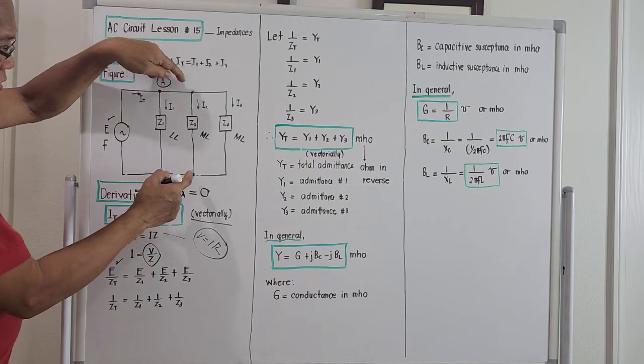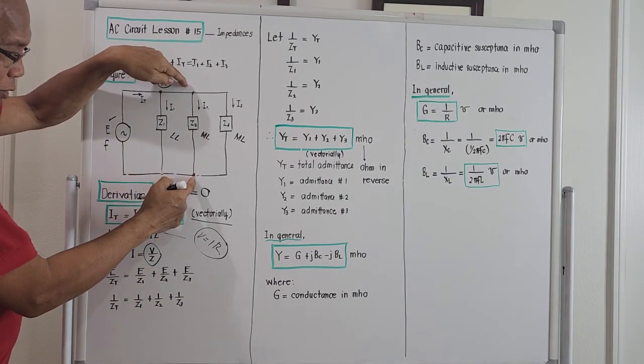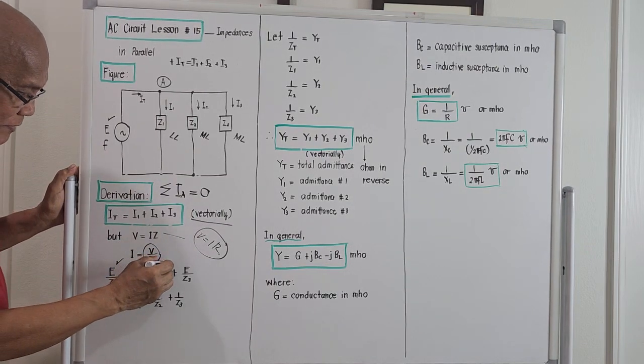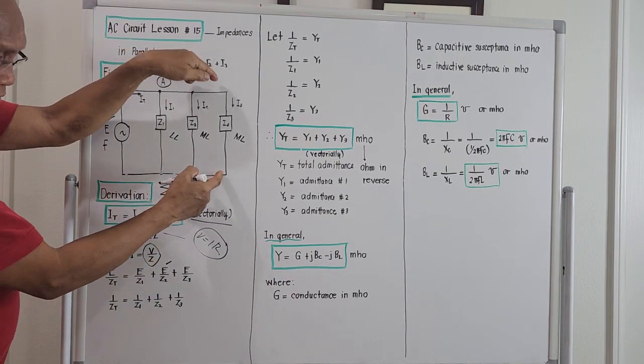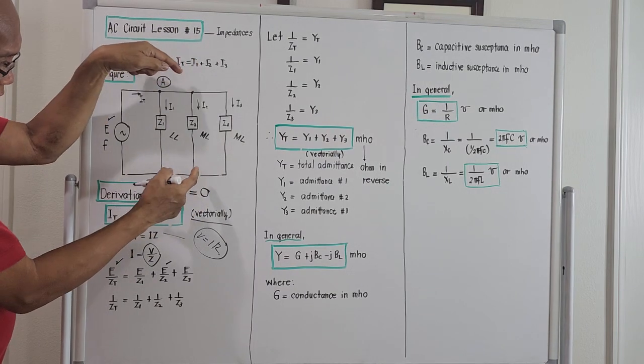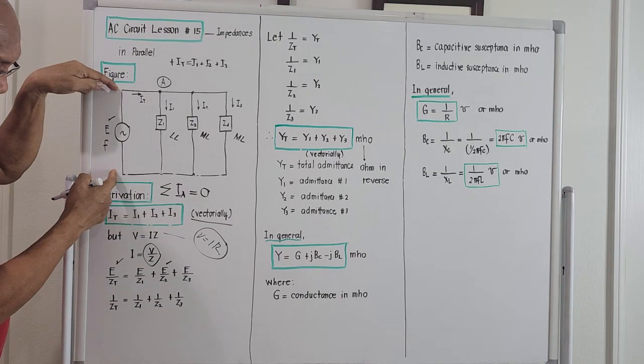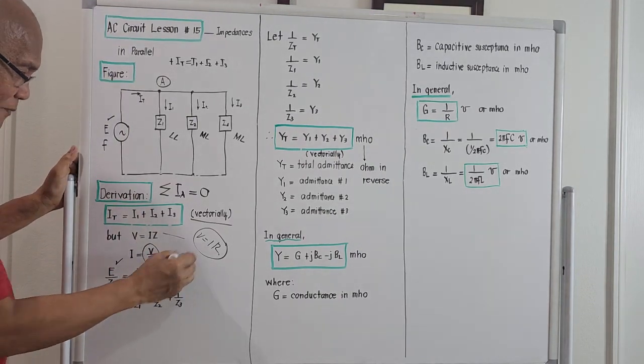The voltage across Z2 will still be equal to the source voltage E. And the voltage across Z3 is equal to the voltage of the source, so that is still E.